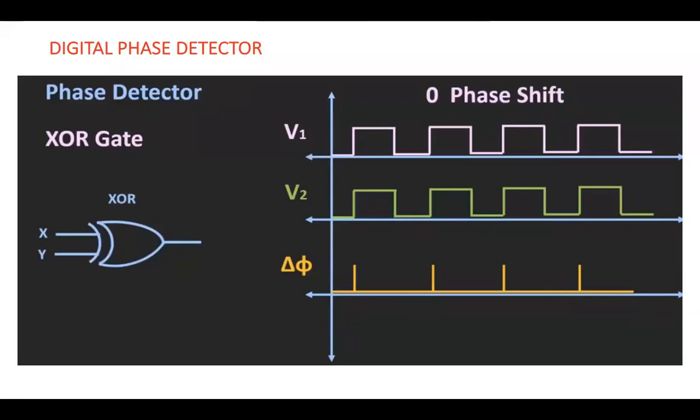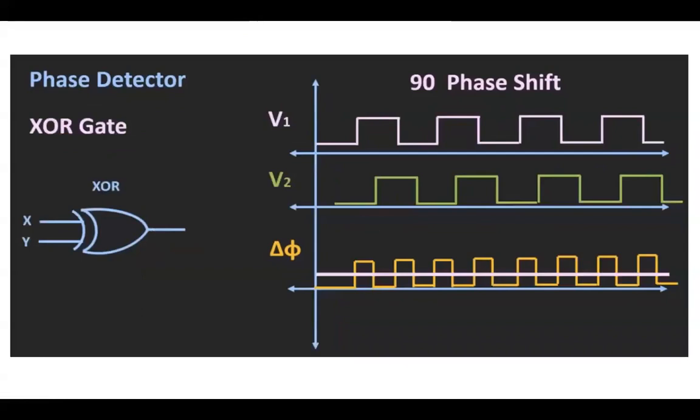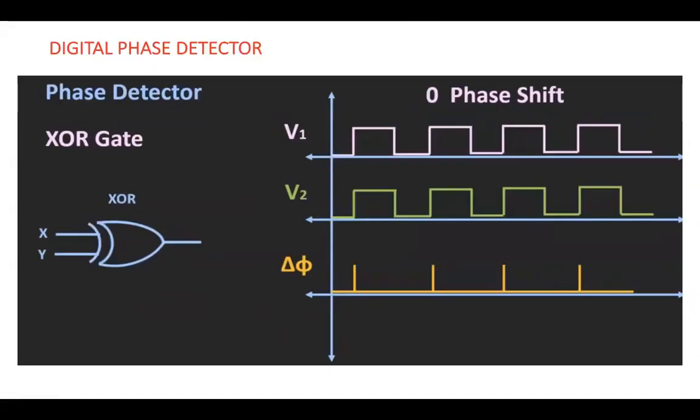Now here, we'll be able to understand what this XOR gate is. When it's in 0 phase shift, you can find the difference in this phase shift, that's delta phi. You can see spikes only in the positive cycles, the positive pulses of both V1 and V2. Now, when there's a slight shift in the voltage signals, the green one is shifted slightly towards the right.